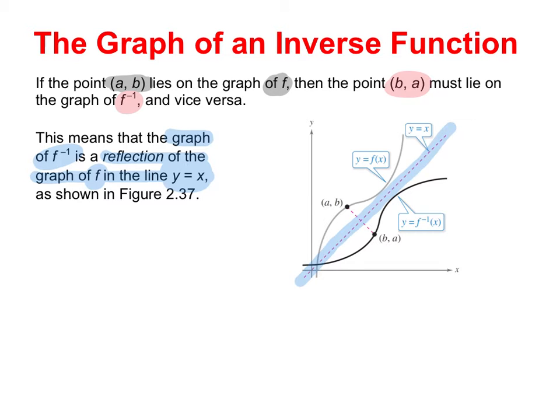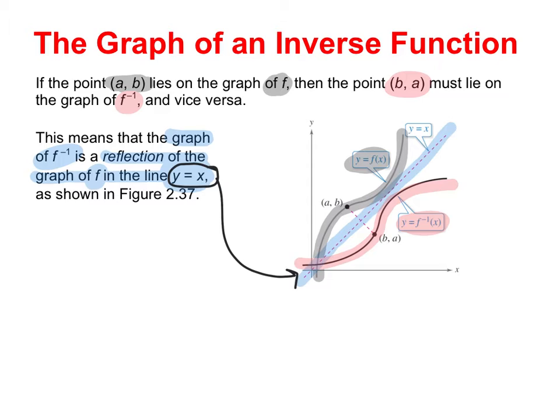So whenever you're asked to graph, you'll always want to graph this line because that is where the reflection should occur. And you can see that for this one, your original function, f of x, is this shaded line here, and then your inverse function is the exact opposite based off of that blue line in the middle.